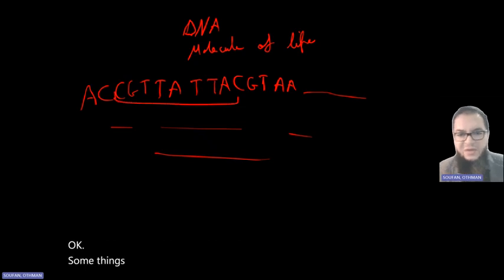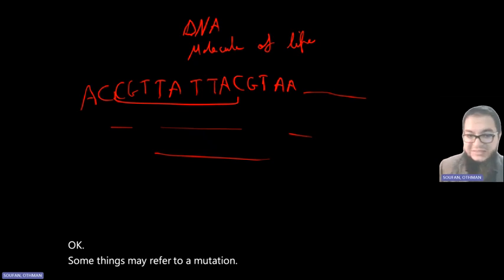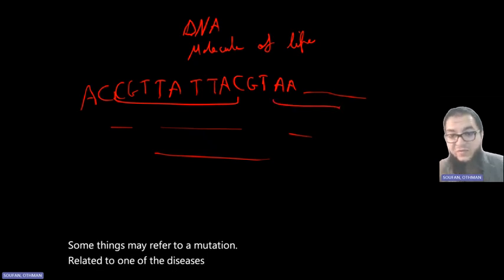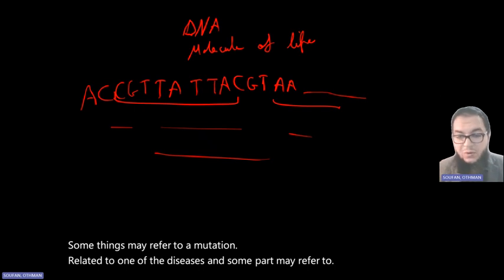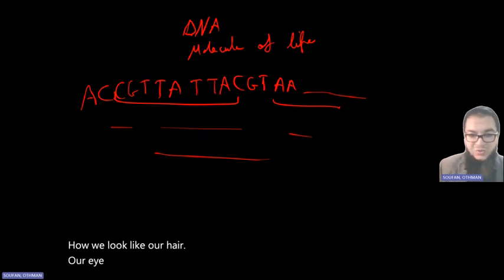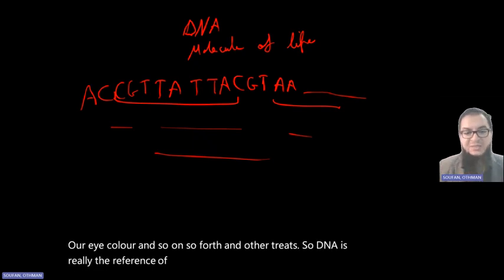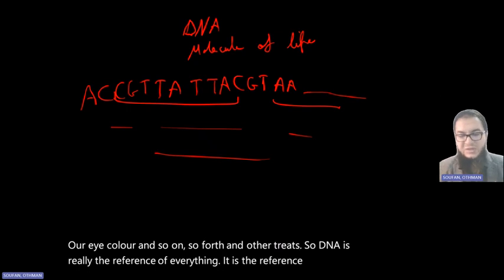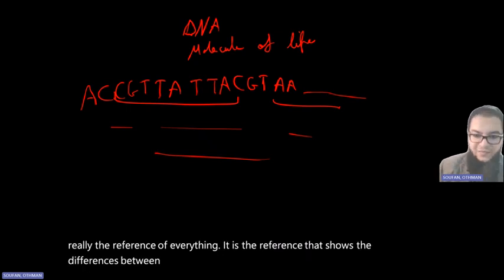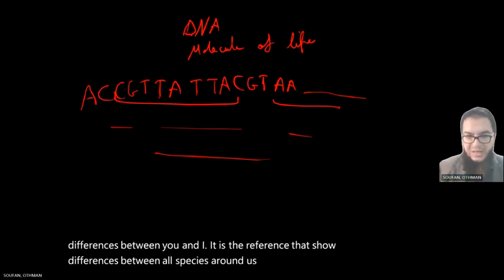Some parts may refer to a mutation related to one of the diseases, and some parts may refer to how we look, our hair, our eye color, and so on and so forth, and other traits. So DNA is really the reference of everything. It is the reference that shows the differences between you and me. It is the reference that shows differences between all species around us.